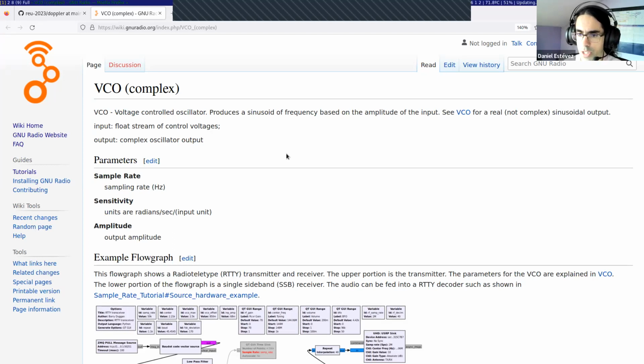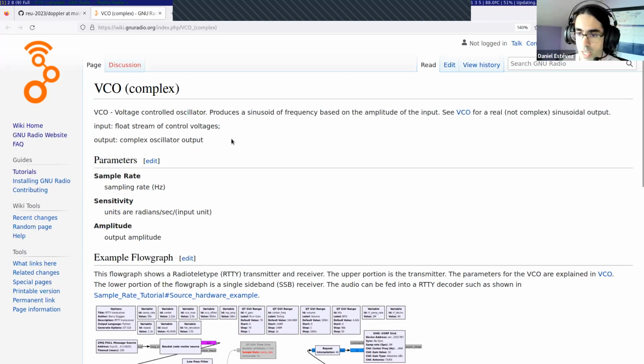And the input is some voltage, and by moving the voltage up and down, we can control the frequency of the oscillator. So that's the way to have a tunable receiver. For example, if you have a receiver in which you need to tune the frequency you're receiving or transmitting at, you have one of these VCOs somewhere in the receiver.